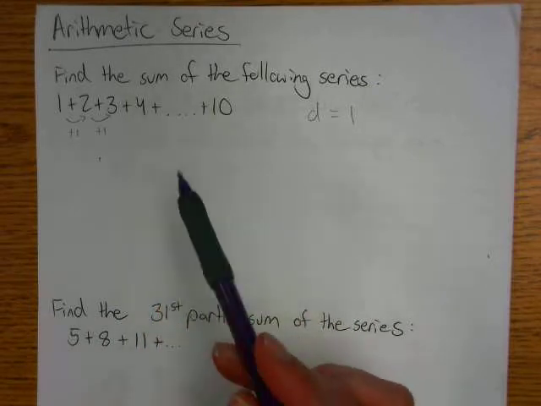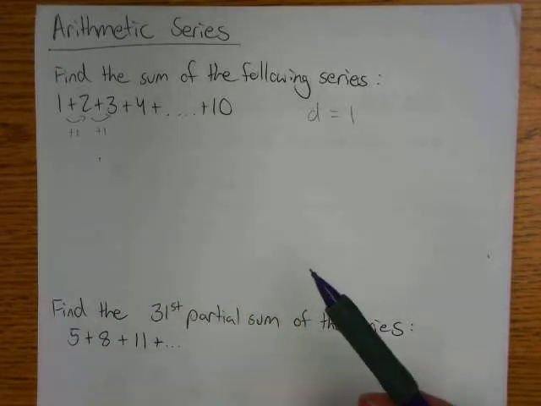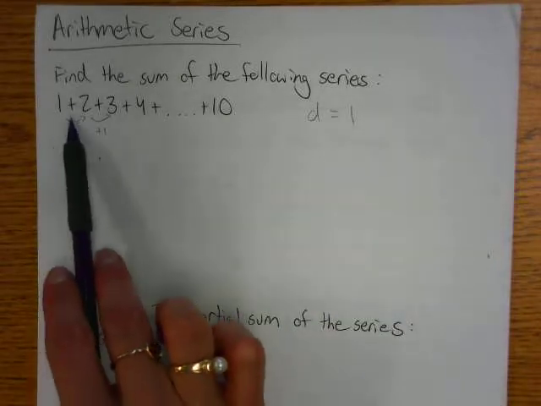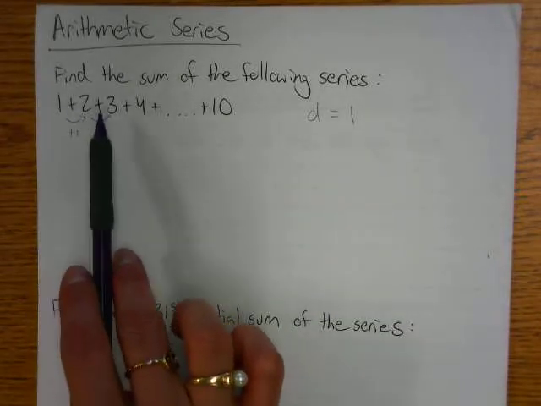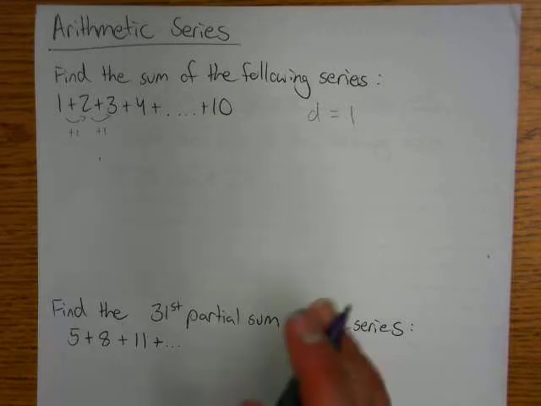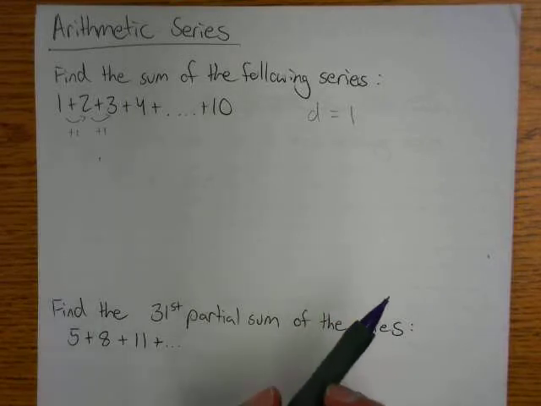If I want to find the sum of an arithmetic series, I've got a few ways that I can do that. Either I can do it by hand and add 1 plus 2 plus 3 plus 4 plus 5 plus 6 all the way up to 10 and see what I get.